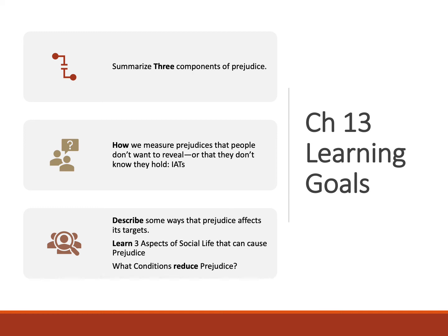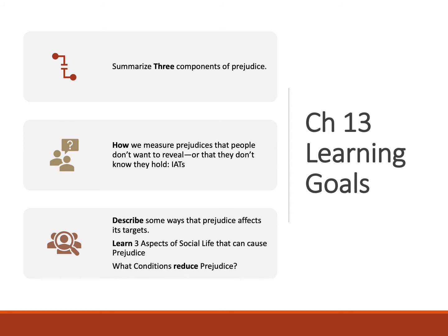Okay, so this is chapter 13 video lecture, and this is our last chapter. Yay! So this chapter is focused on understanding prejudice and the behavior that leads to discrimination. We're going to talk about what the different components of prejudice are, and how we measure it.